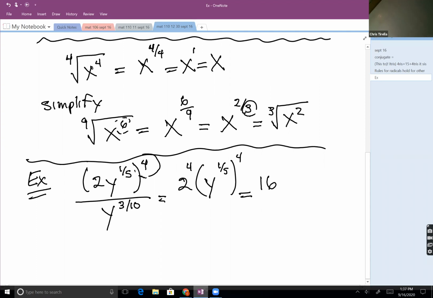And now, can anybody remember when you raise a power to a power, what do you do with those exponents? You multiply. And so when I take 1/5 times 4, I get y to the 4/5. So that numerator becomes 16y to the 4/5, and my denominator is y to the 3/10.